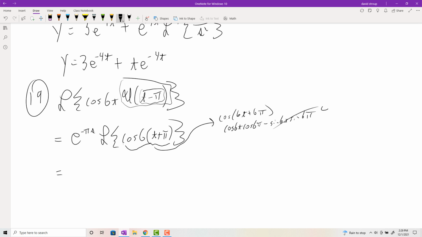This part will be 0 because sine of 6 pi is 0. This part will just be cosine of 6t because cosine of 6 pi is 1. So you have e to the negative pi s times the Laplace of cosine of 6t, which we should be able to do. That's just e to the negative pi s times cosine, so s all over s squared plus 36.